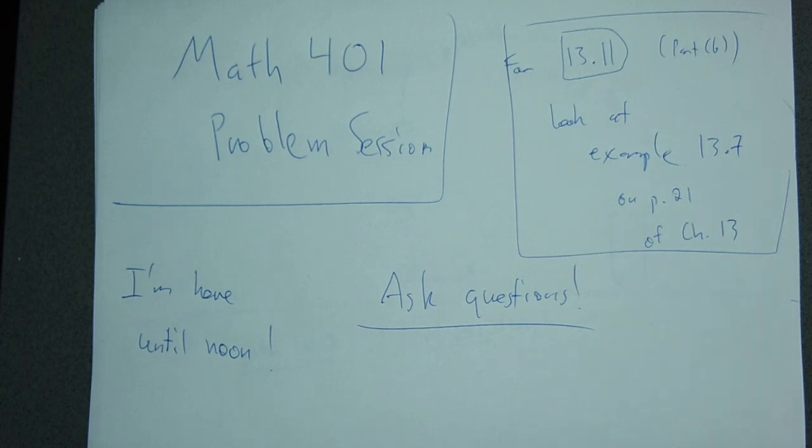Someone was close to it earlier in chat, but they missed a very key part. So yeah, if you look in chapter 7, you'll find an example of such a matrix.